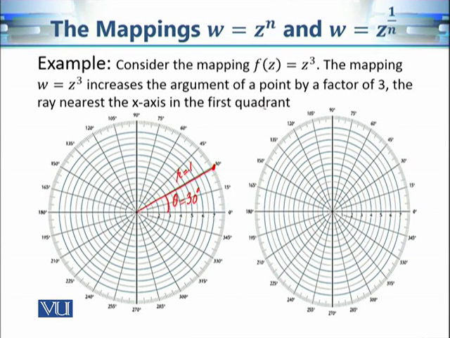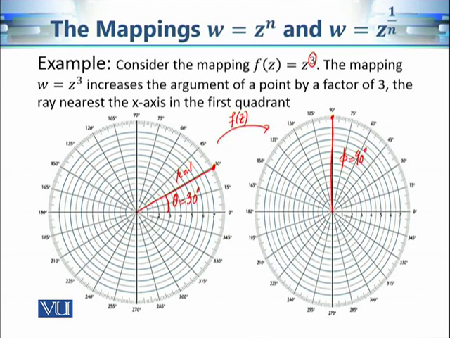Now if we apply this map f of z, which in this case is z cube, then what will happen with this argument? We will multiply it by n, so n in this case is 3. So the image of this complex number will have phi equal to 90 degrees.